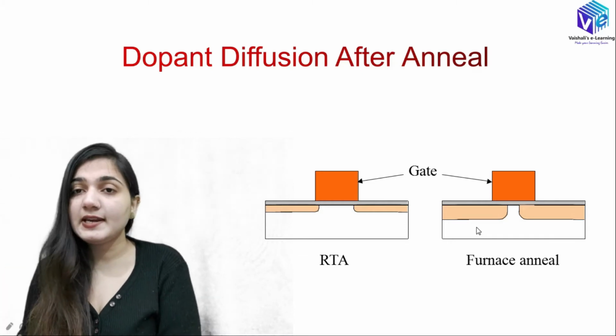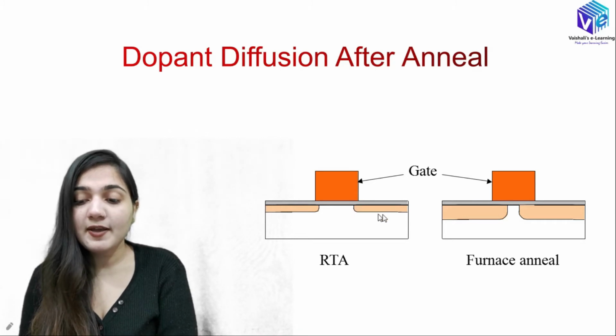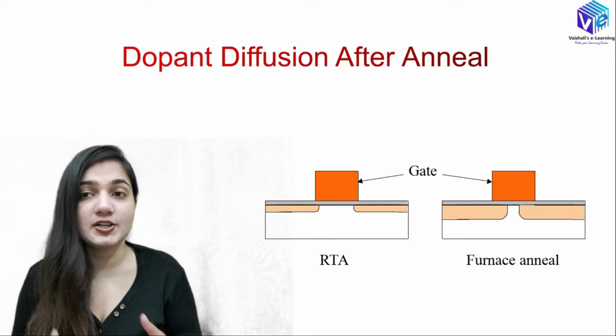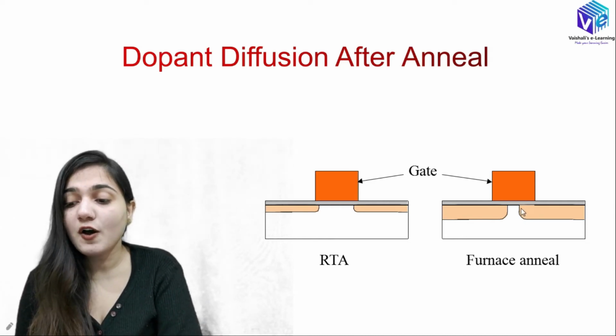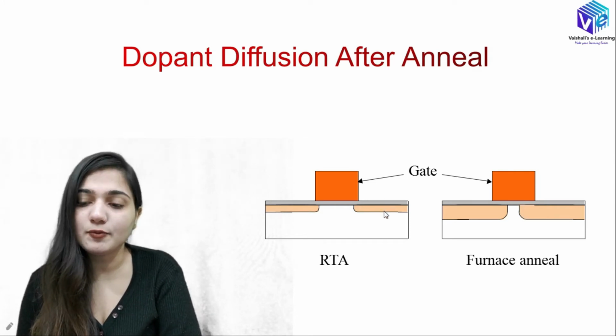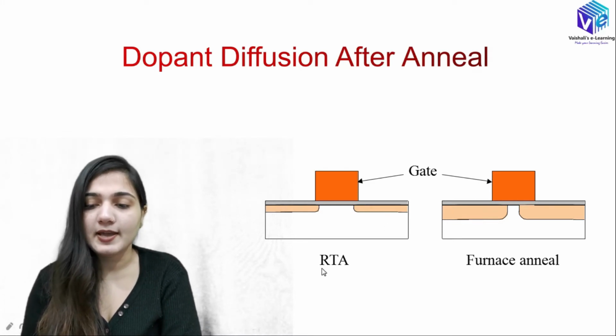For making this layer in particular dimensions only, I don't want my doped junction dimensions to change much, or to be much thicker compared to the original doped junction. So for that I will be using the rapid thermal annealing.